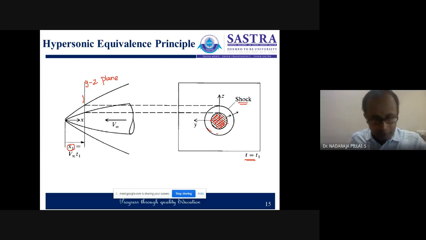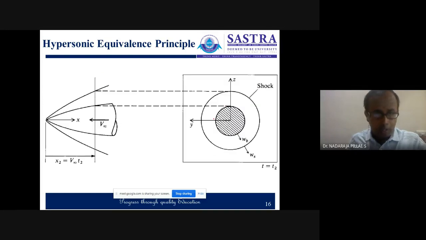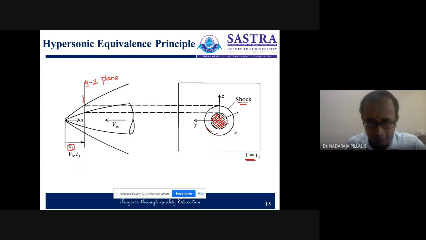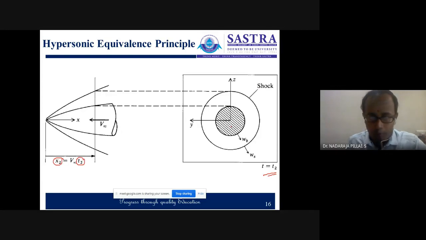Now let us say x2 or time t2, right? Now, what happens is it expands further, right? So we can say that here the shock wave is propagating, right?